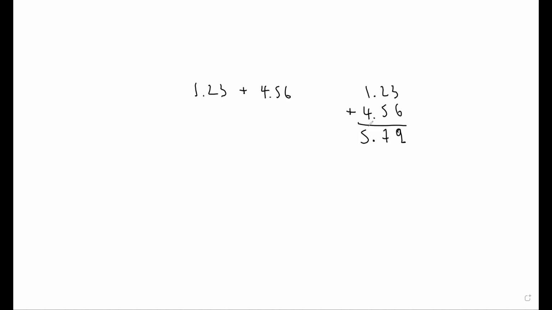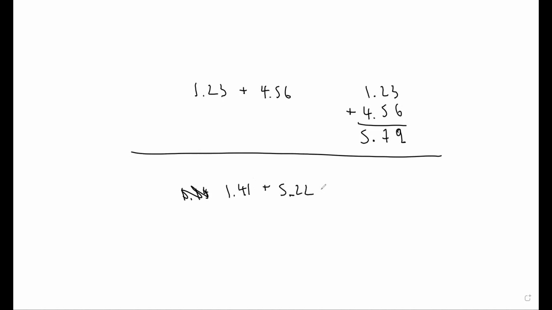Let's see what else there is. Okay, there's one more on this particular slide. So this is 1.41 plus 5.22 plus 3.13. Let's line all of these up. 1.41 plus 5.22 plus 3.13.